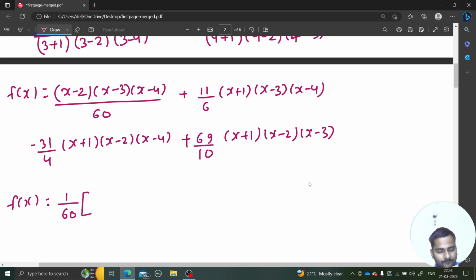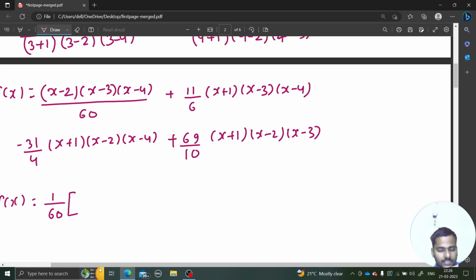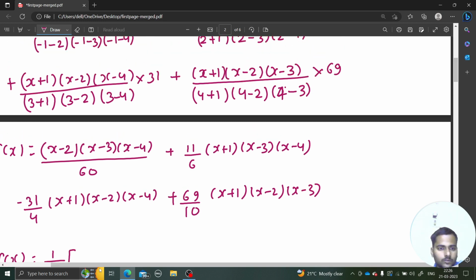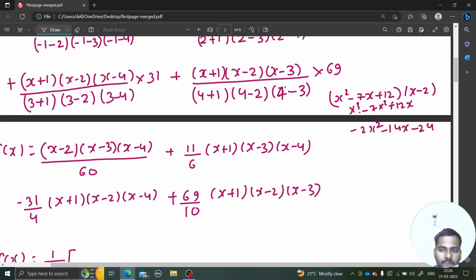Let's do a rough calculation for this. So this will be x square minus 3x minus 4x, so minus 7x plus 12, and this is multiplied by x minus 2. So you will get x cube minus 7x square plus 12x minus 2x square minus 14x minus 24.